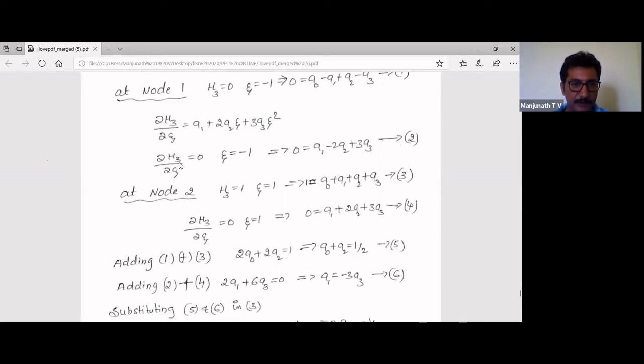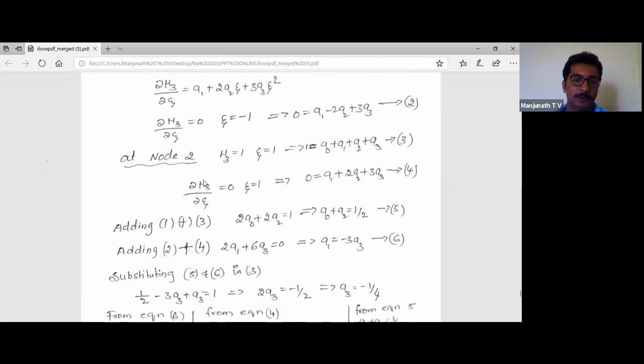That equation you are going to substitute the values in, at node number 1: the value of h3 and zeta substituted in this differentiated equation. So you are going to get the values like this, and that gives equation number 2.